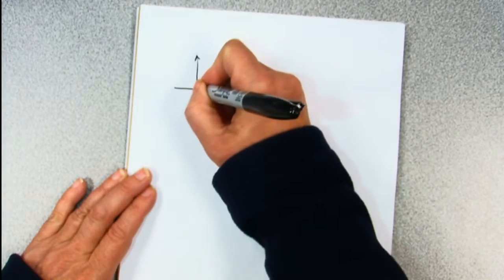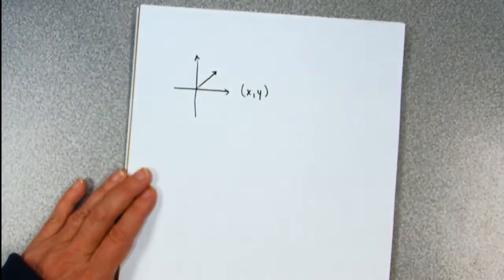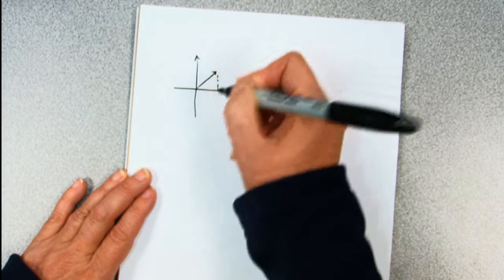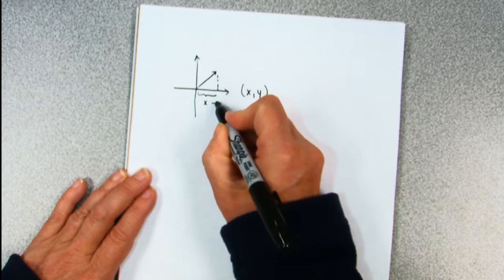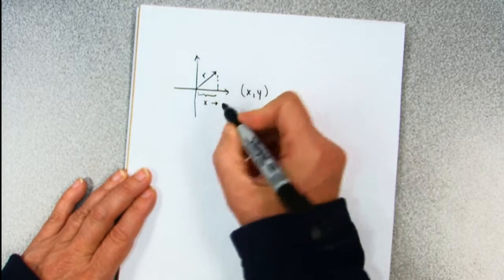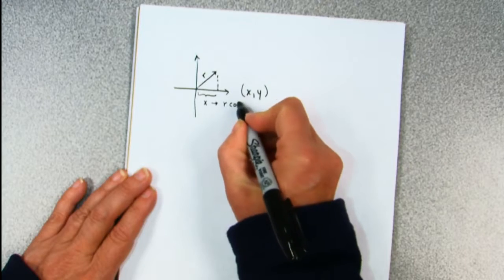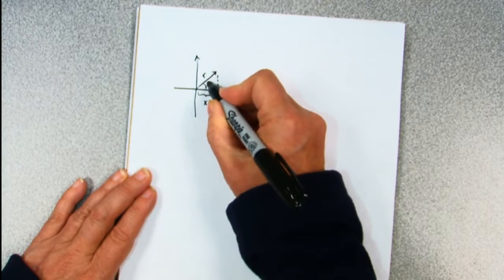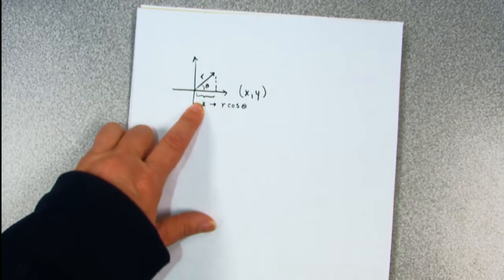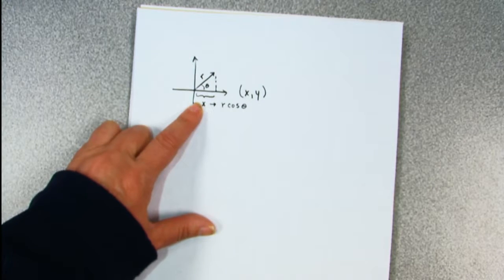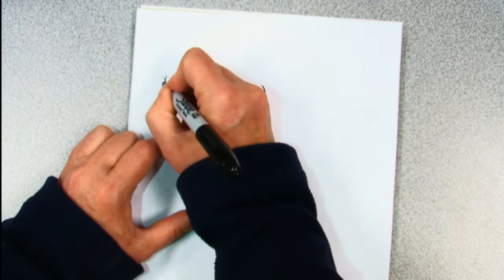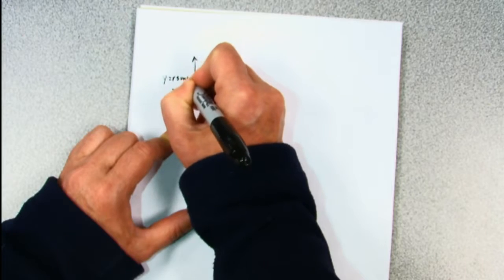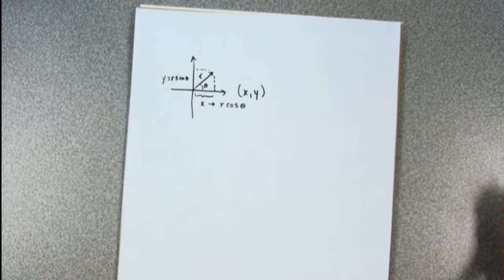So we can do the mathematics here with my vector: if we call this r, then x is r cosine of my angle, and we can call this the projection of that vector on the x-axis. We've also done this one, which we call y, and y is r sine of the angle, the projection of that vector onto the y-axis.